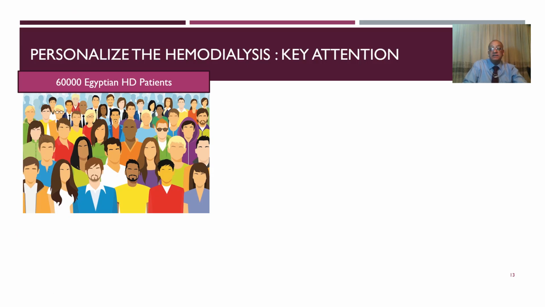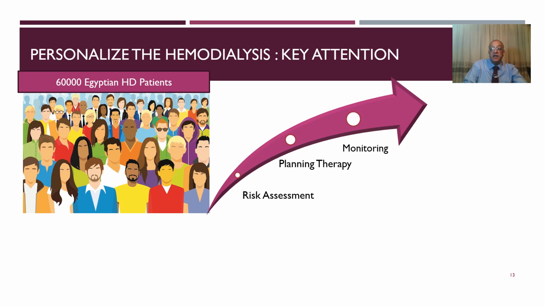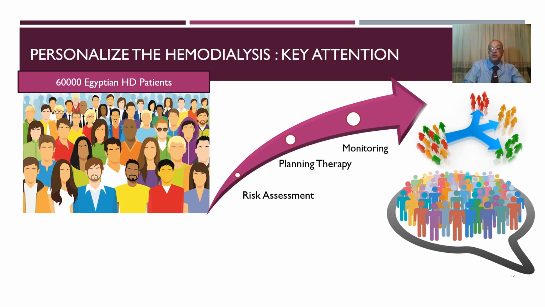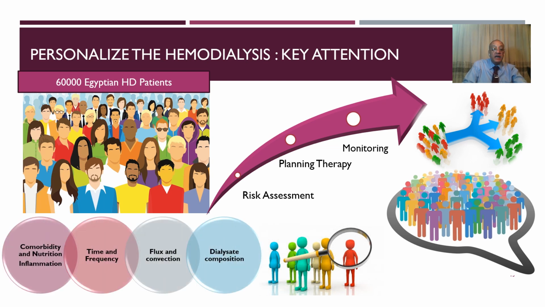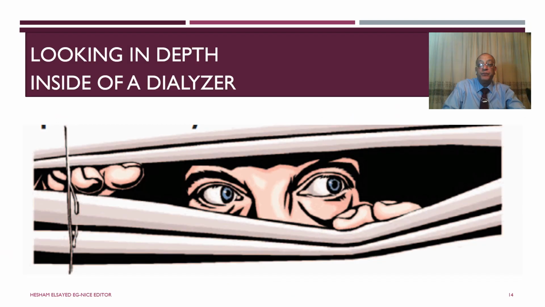Always personalize the hemodialysis for patients, taking into account risk assessment, planning and monitoring. Choose hemodiafiltration for a high-risk patient, for example, or increase the dose of dialysis with a bigger surface area. You can individualize by dialyzer surface area, dialyzer type, sterilization type, and dialysate composition as well.